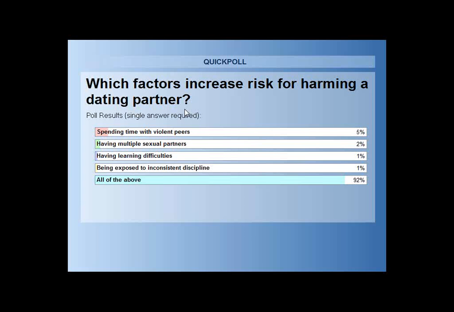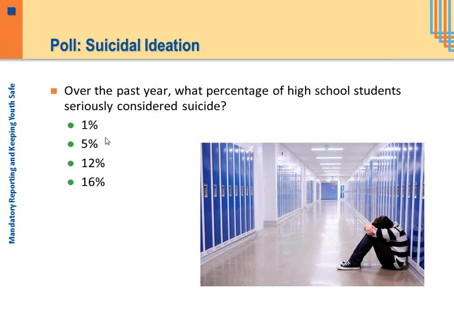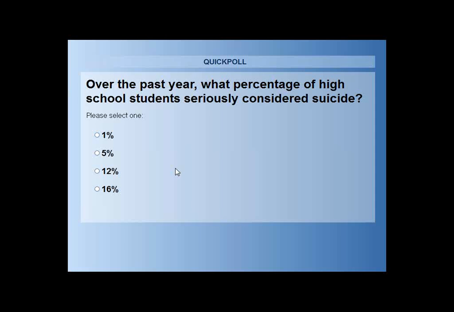The next question from the poll is about suicide. The question is, over the past year, what percentage of high school students seriously considered suicide? The options include 1%, 5%, 12%, or 16%. I'll go ahead and launch that poll and have you respond.